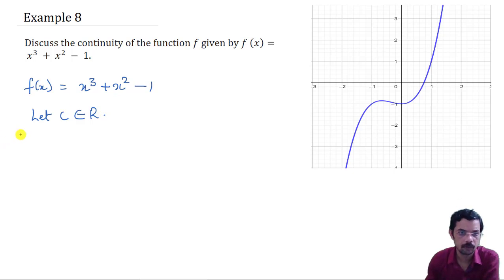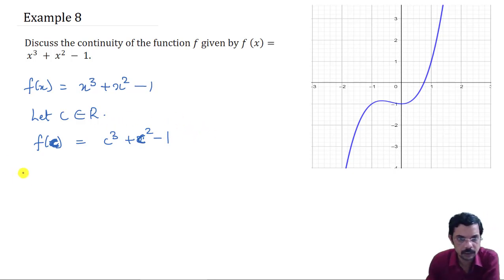What is the value of f of c? f of c is equal to c raised to 3 plus c raised to 2 minus 1. This is the value of f of c.